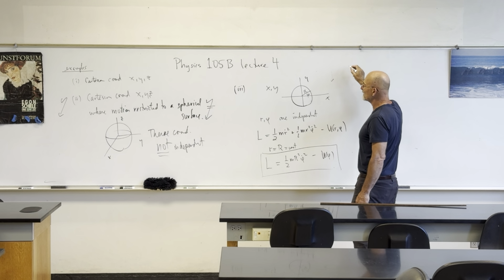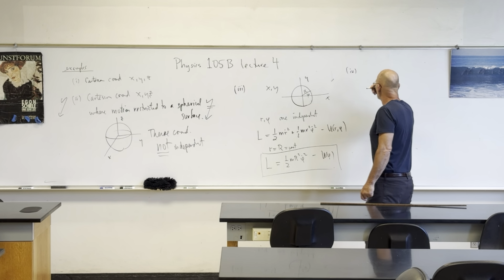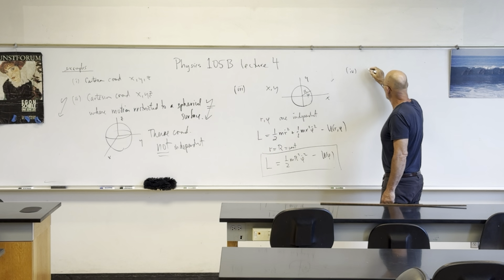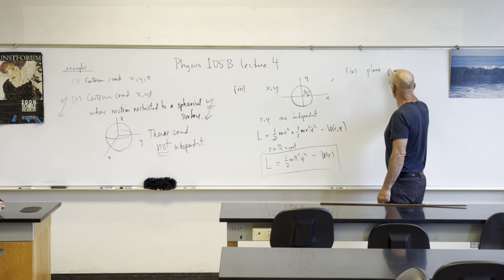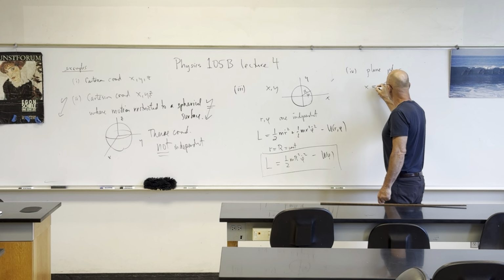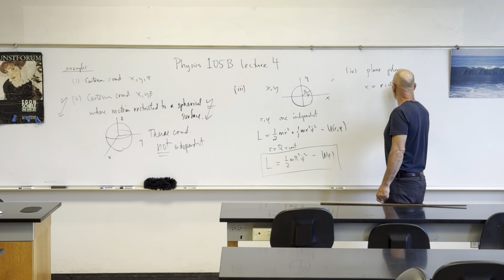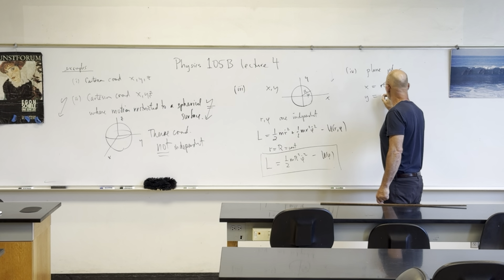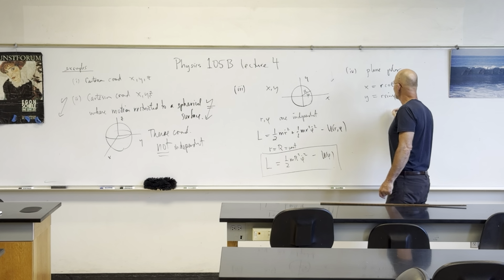So moving right along here, let's go ahead and list these because we're going to have to do some work with them. So we've got the plane polar, and we'll write out the definitions. We've done this before. x equals r cos phi, y equals r sine of phi.